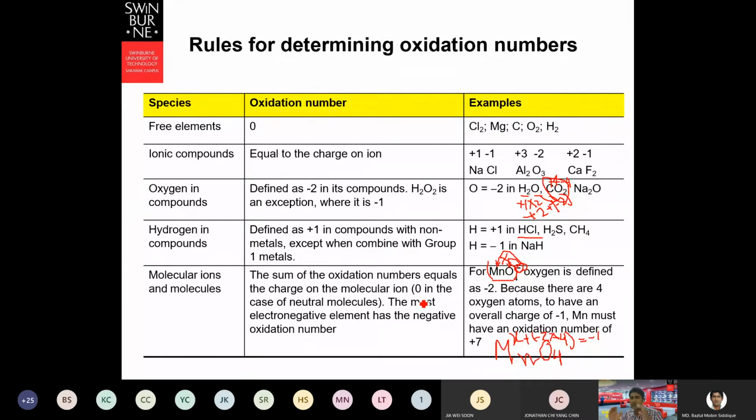If we solve this, we find that X is equal to +7, and this is the oxidation state of manganese.